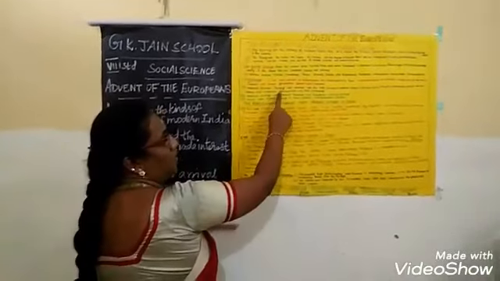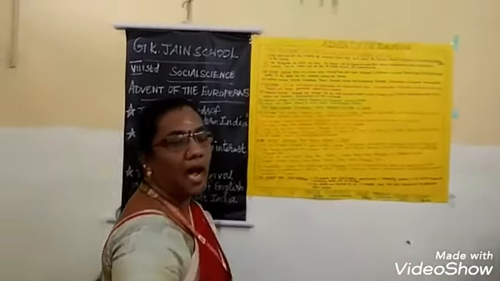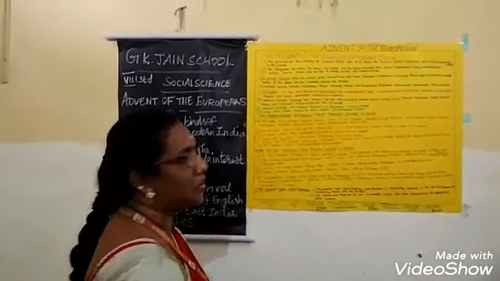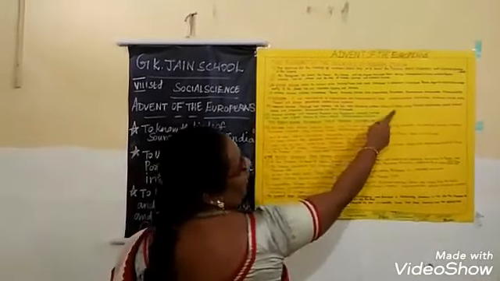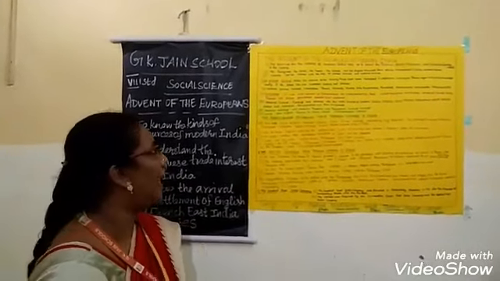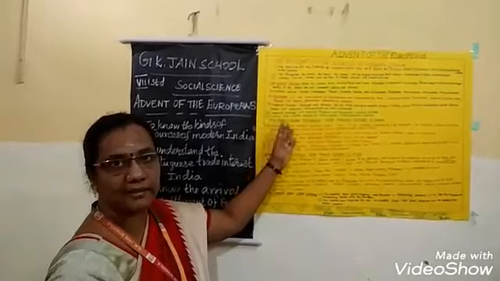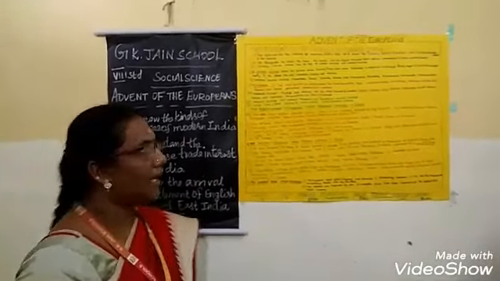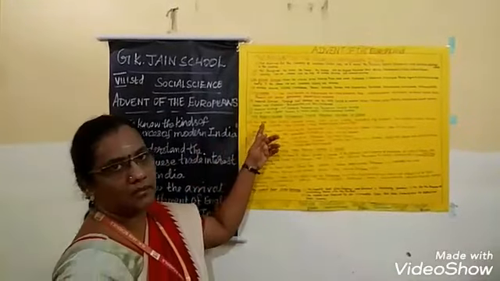What is material sources? Paintings and statues are the main sources of modern Indian history, which provide information about the national leaders and historical personalities and their achievements.